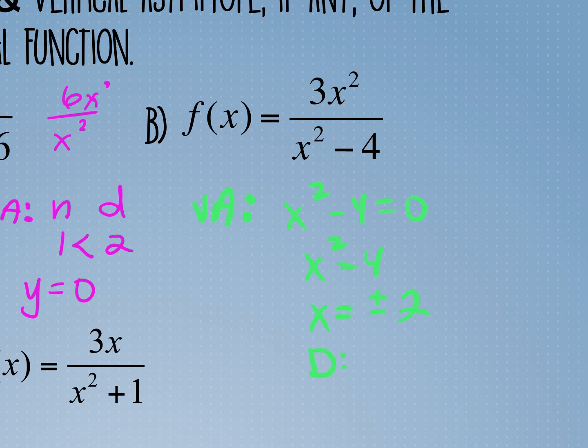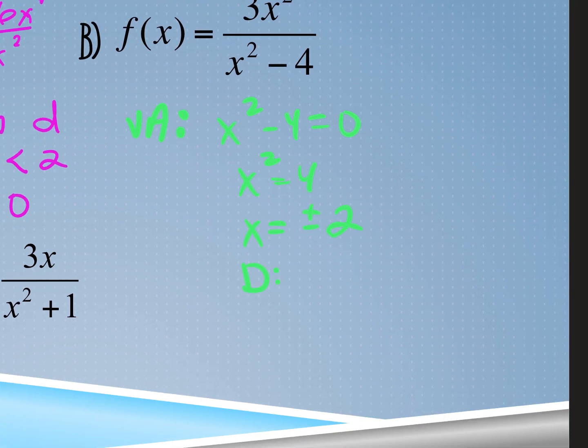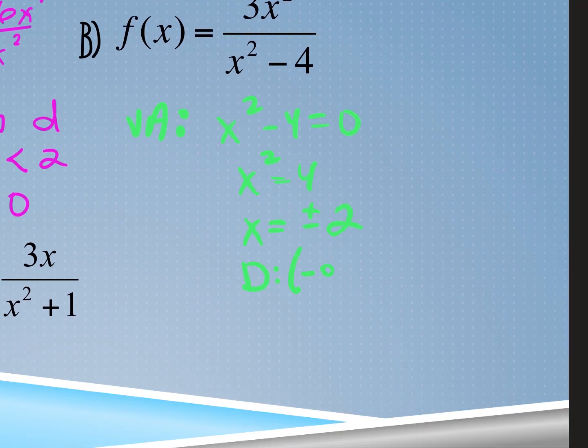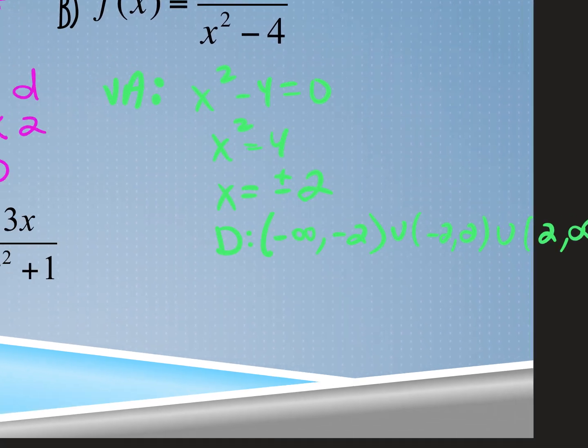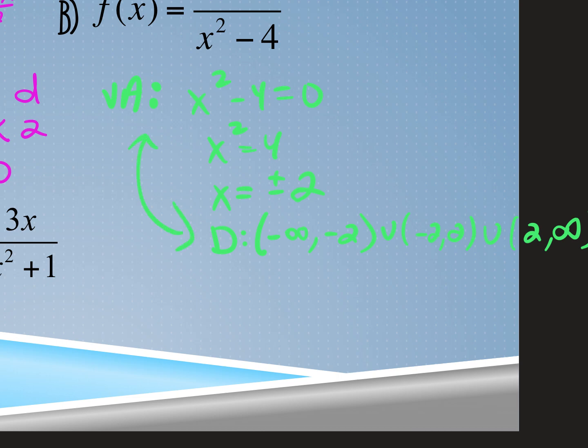So if you can use any number in the entire world except plus or minus 2, what would your domain be? Negative infinity to -2, -2 to 2, and 2 to positive infinity, good. Your vertical asymptotes and your domain go hand in hand every single time.